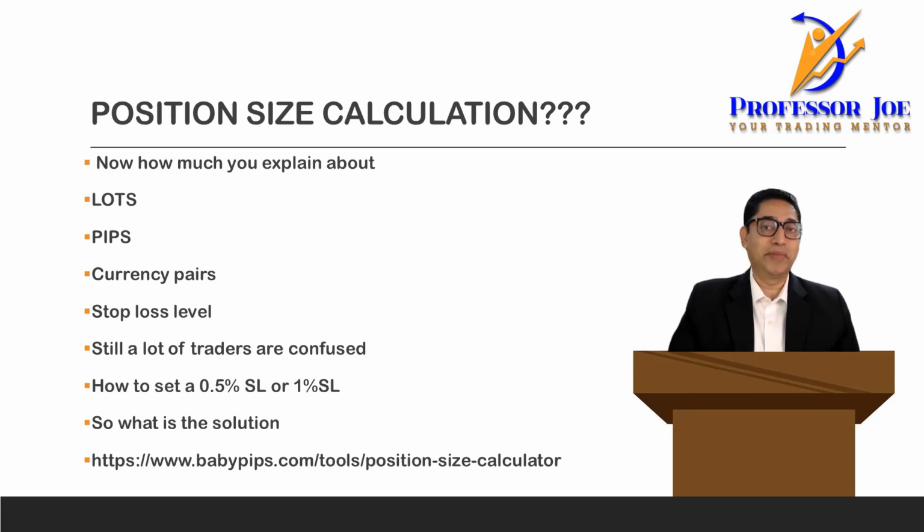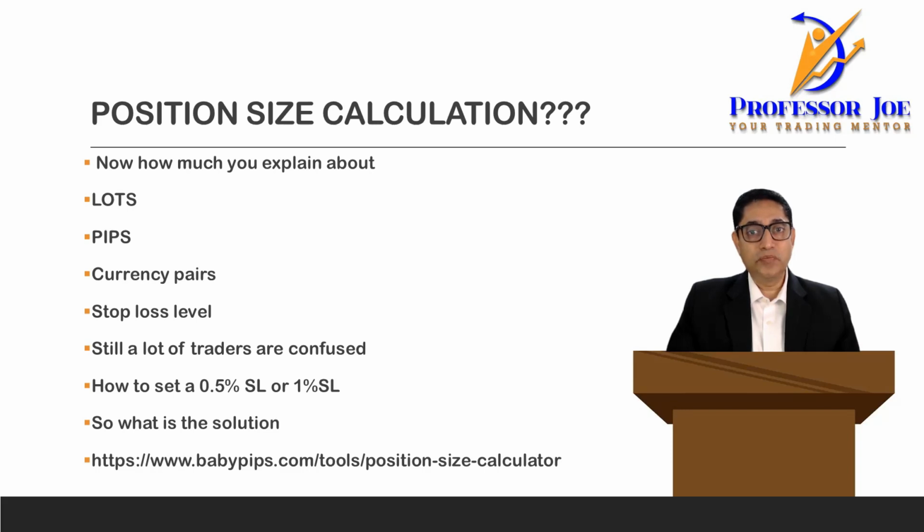But that is not how the market works. In some cases, your stop loss might be 20 pips. In some cases, your stop loss might be 28 pips. In some cases, your stop loss might be only 10 pips. Then how will you understand how much lot you need to invest in one particular trade? That becomes very confusing for a lot of traders.